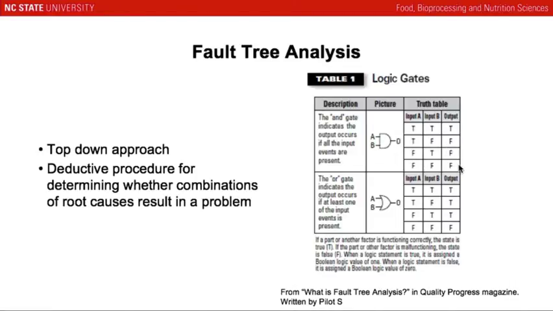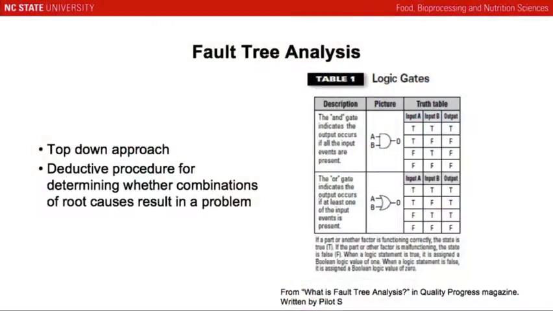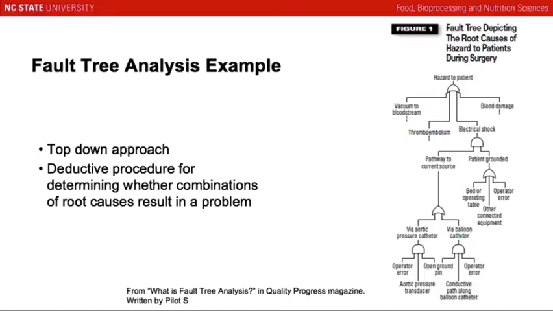If both of them are false, then the output is false. Look how it's different here for the OR gate. If A or B is true, then the output is true. Okay, is it clear as mud? Maybe. So let's look at an example to see it applied in action.